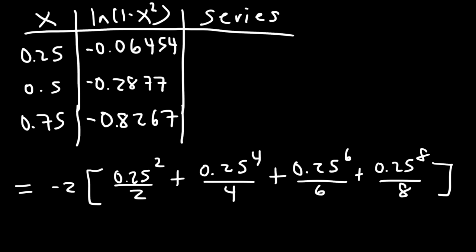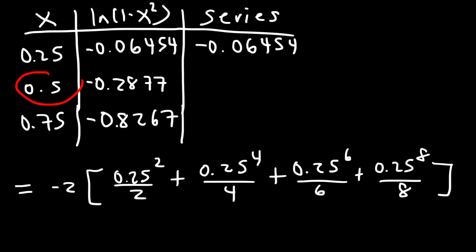So go ahead and type this in. And don't forget to multiply everything by -2. So you should get -0.06454.